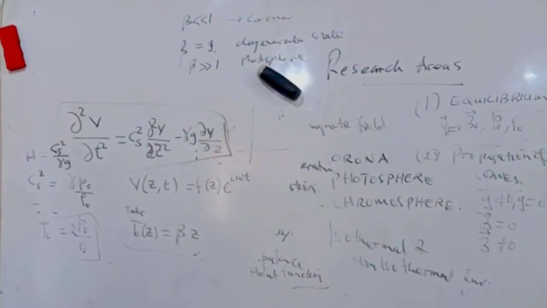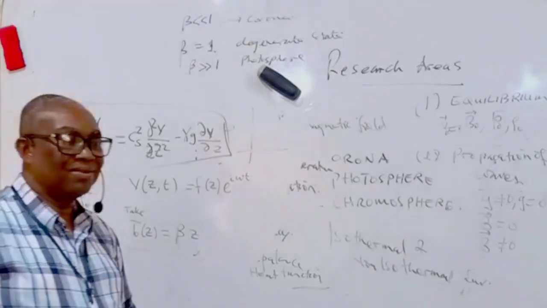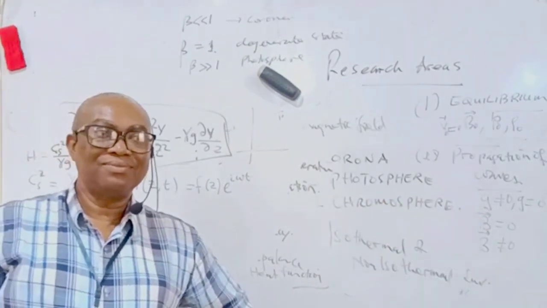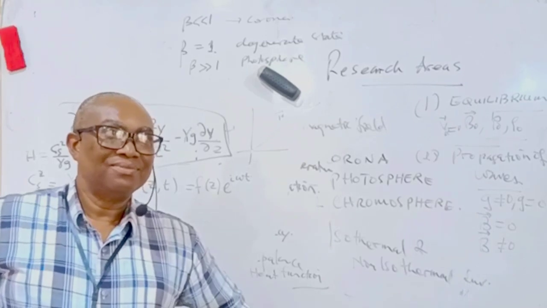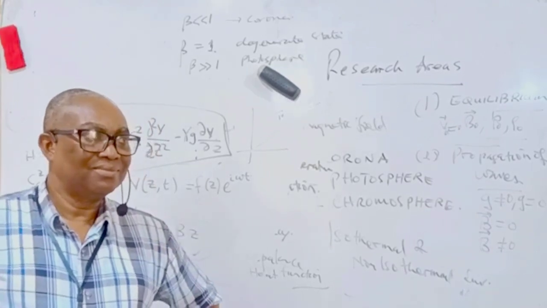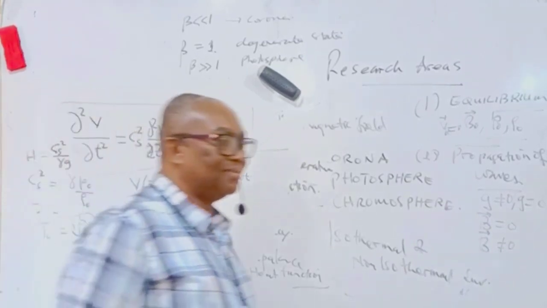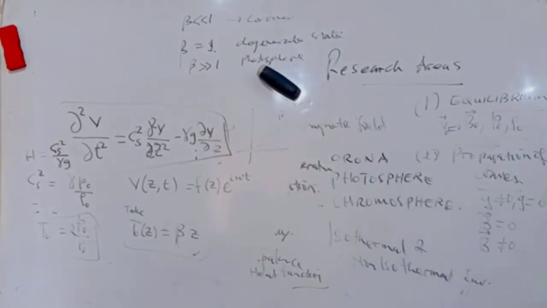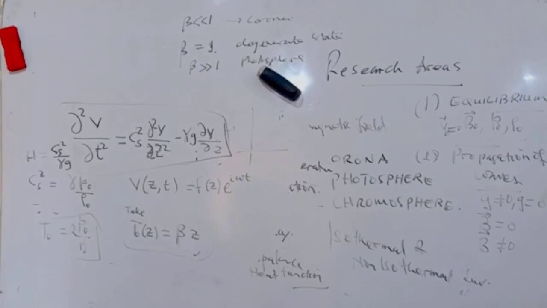Now, let me say this. Whether you like it or not, we're going to work on both sides. And the reason is very simple. How many of you here have up to 15 papers? Or how many of you are lecturers? How many of you have up to 15 papers in Elsevier journals?